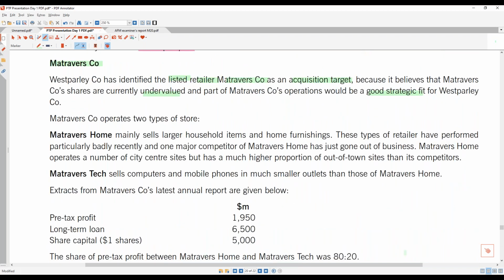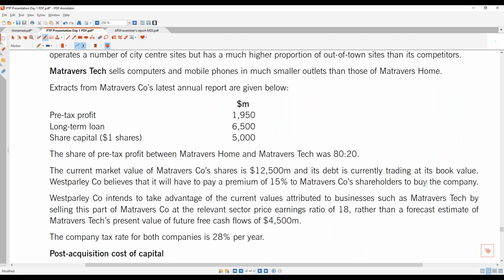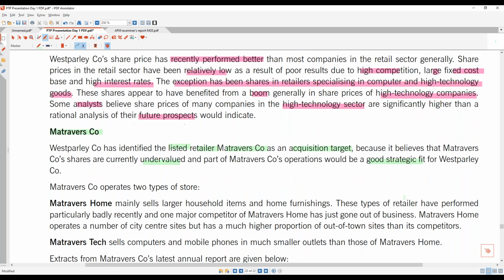So if you are reading the question, you have to develop your mindset simultaneously, some plus points and minus as well. Yes, they will get the market share, but the important thing is the synergy. Will they be able to get the synergy? Just talk to yourself and develop the mind accordingly.